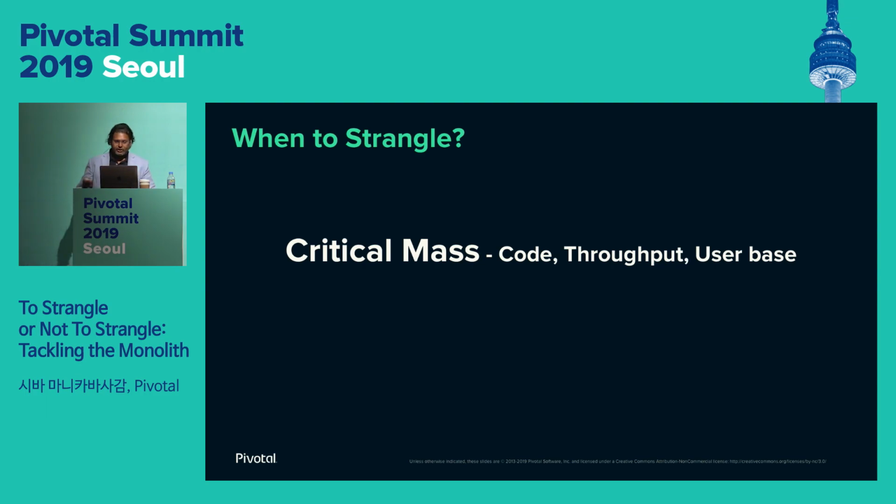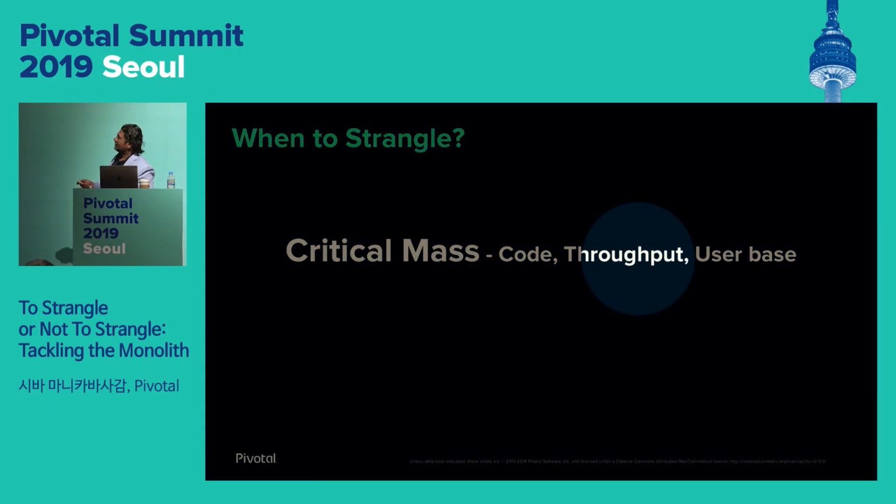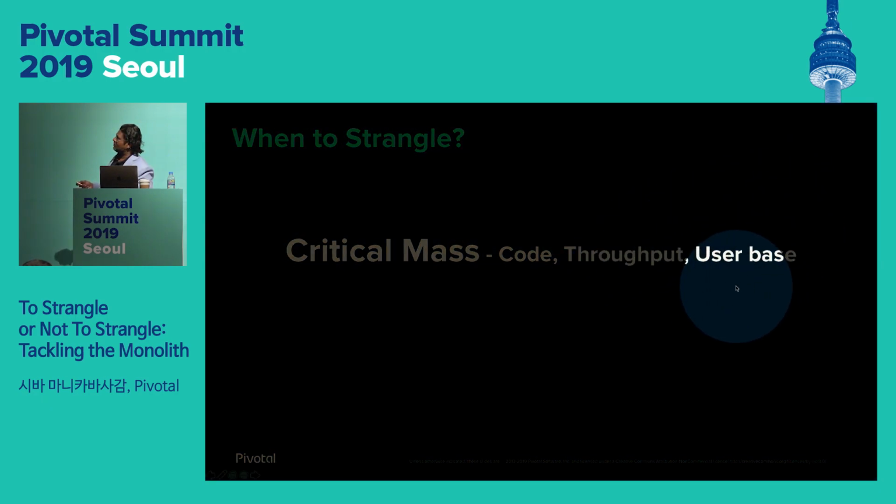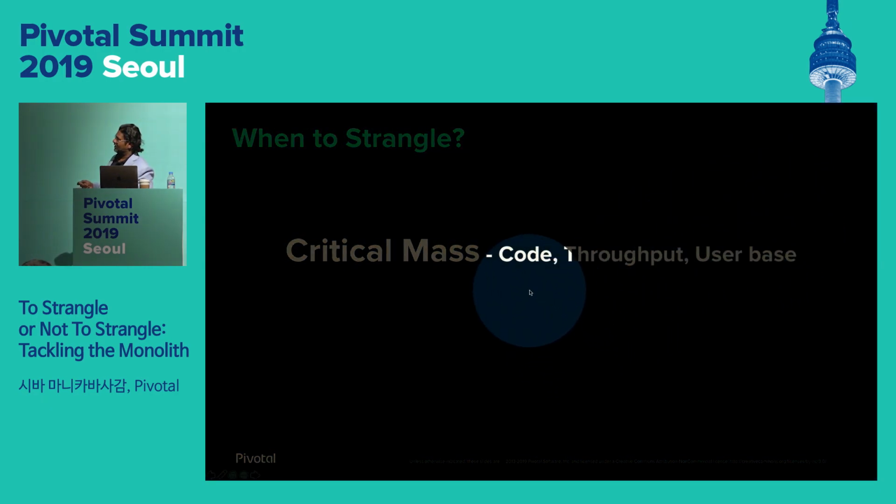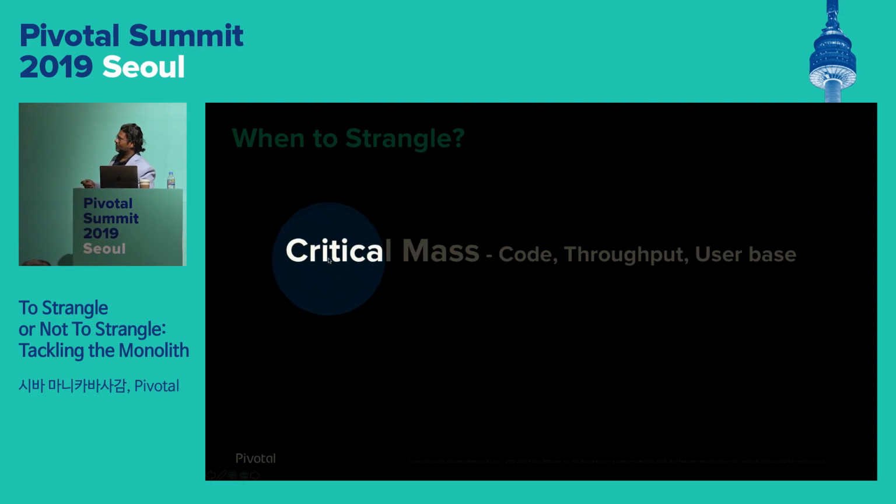You might have read in the news about many high-profile risks that were realized. The recent one is in Scotland, where a bank tried to cut over and they completely took out the banking services for their customers, their online banking services, for a few days. So you don't want to take that risk, especially when there is critical throughput, large user base, complicated large application, and high business criticality.